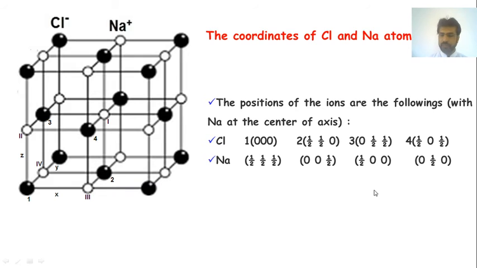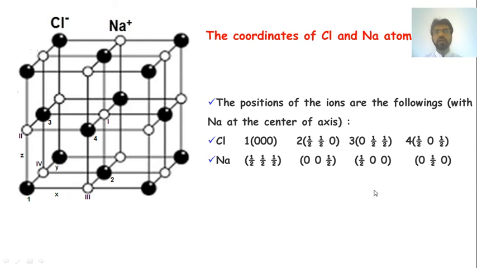So dear students, for the NaCl type of structure, from the examination point of view, you have to know how the structure is formed, which type of structure this is, that is the FCC type of structure. Second is how many total sodium and chlorine atoms are present in the unit cell, and how many NaCl units are present in that unit cell.